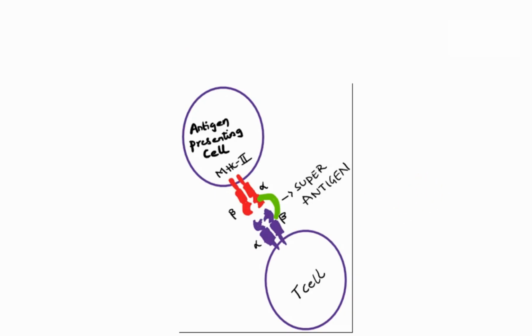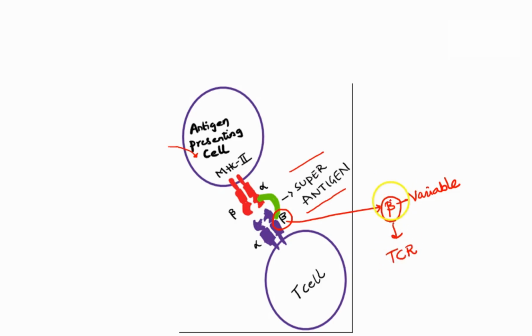This slide shows the same situation. The antigen or microbe is taken up and a peptide is released, but there is no binding of this antigen here. What happens is that the superantigen which is released is bound to the beta region, that is, to the variable region of the beta chain of the T cell receptor.